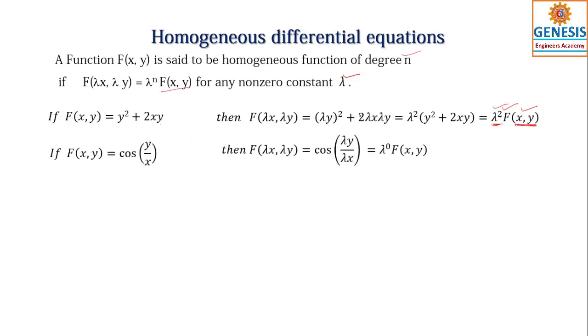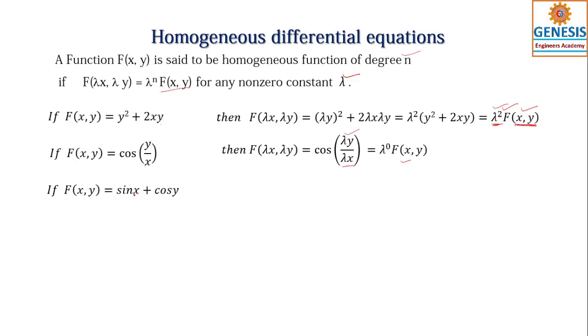Okay, in this equation y is replaced by lambda y, x is replaced by lambda x. So you are going to get this, everything gets cancelled, but you cannot bring lambda out of the cos. In this equation sin x plus cos y, we cannot arrange this, so you cannot take lambda as a common factor.